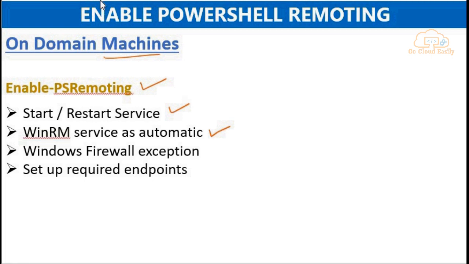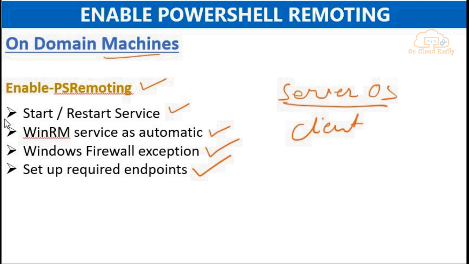Next, in case our firewall is enabled on the remote machine, it creates or sets the necessary rules that pass the traffic of PS remoting. Also, it sets the required endpoints that actually serve our remoting requests. By default, PS remoting, or you can say the WinRM service, is already enabled on server OS. But in case of client machines, we may need to enable PS remoting manually.